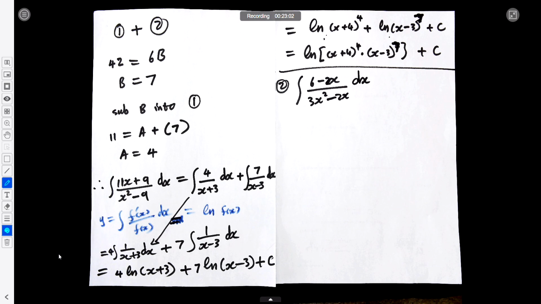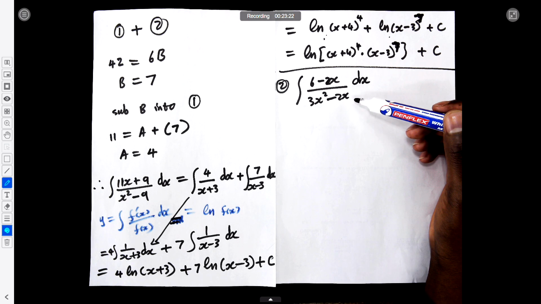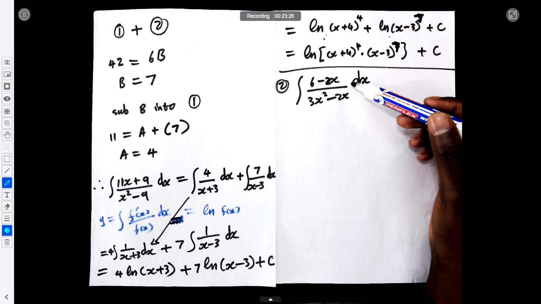The integral of the following will be equal to, so we need to utilize partial fractions. Why? We see that the denominator has a greater degree of exponent, and the numerator is just a linear function.